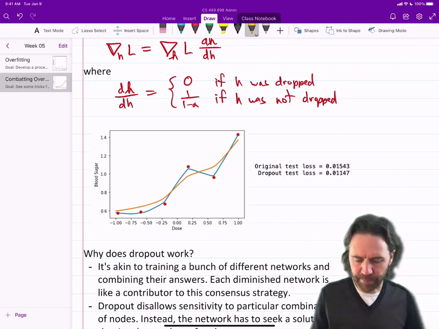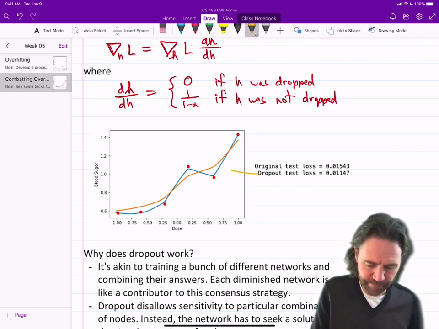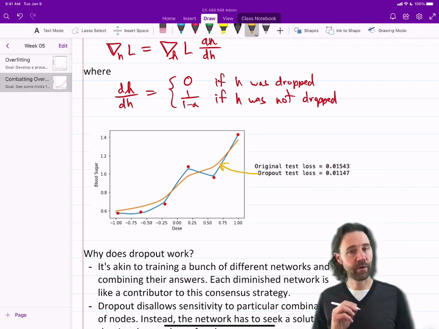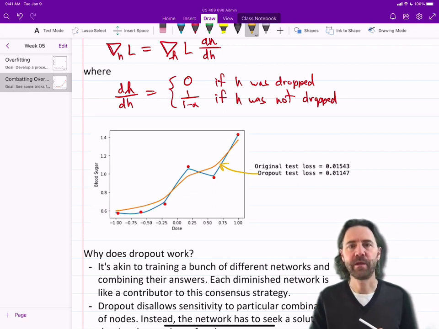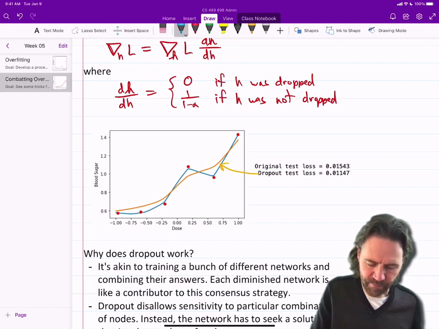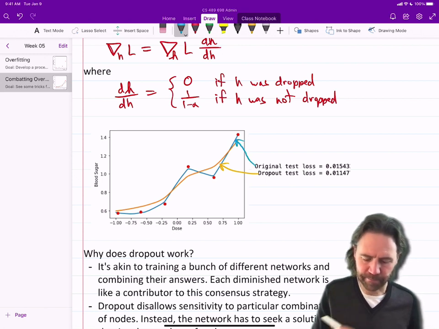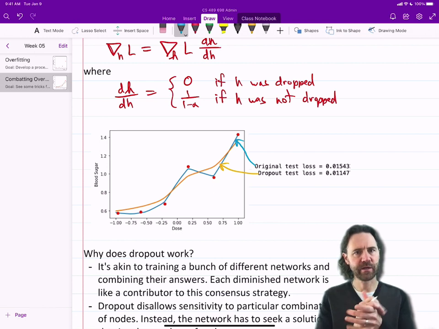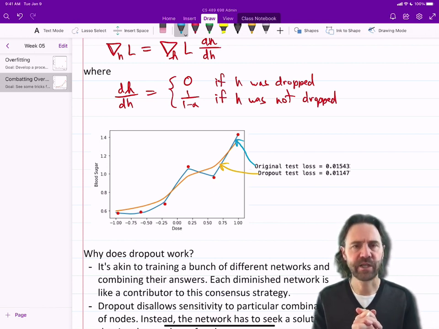But the dropout test loss is 0.011, and the original non-robust model, this blue one, was trained on that data set.